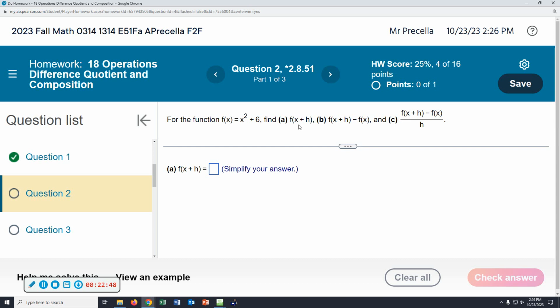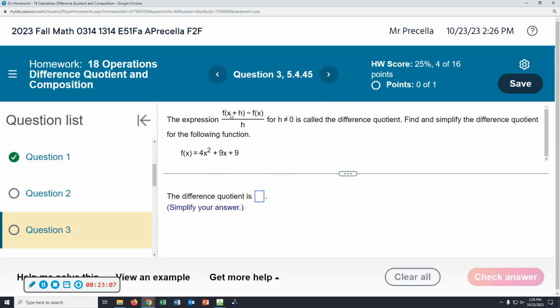Okay. Here's the function. f of x is equal to x squared plus 6. And when they ask you to simplify the difference quotient, like number 3 here, it doesn't give you step 1, 2, 3, but we're still going to go through the 3 steps. Even if they don't ask you to use those 3 steps, that's what we're going to do.